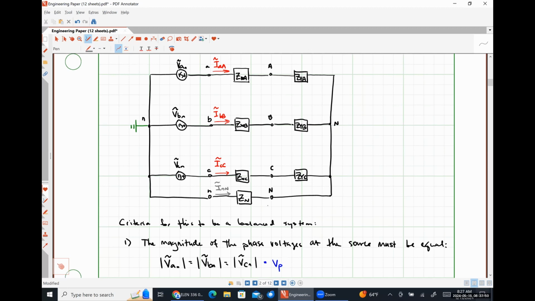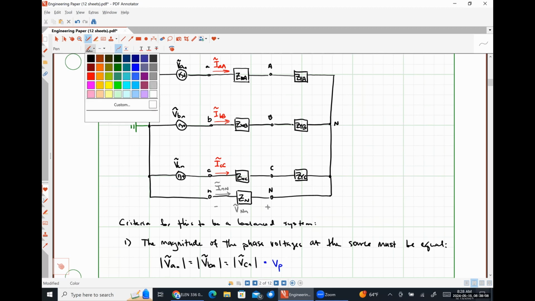I'm going to call the voltage drop across my neutral conductor VNN, like so. Okay.